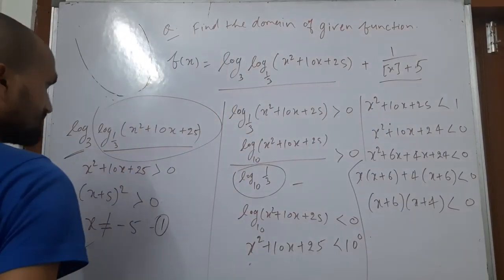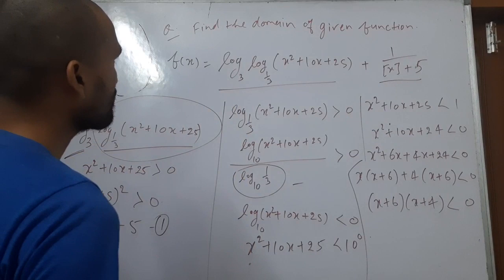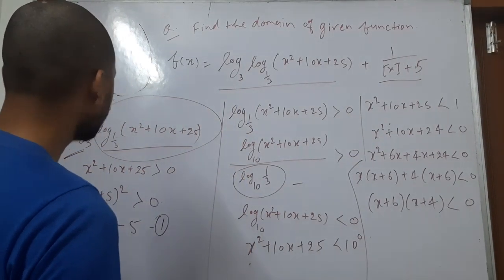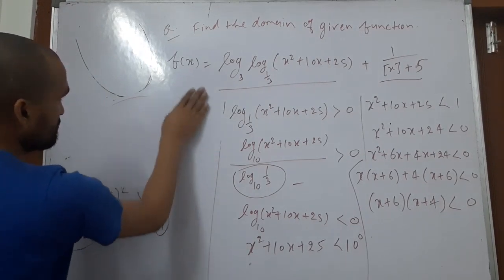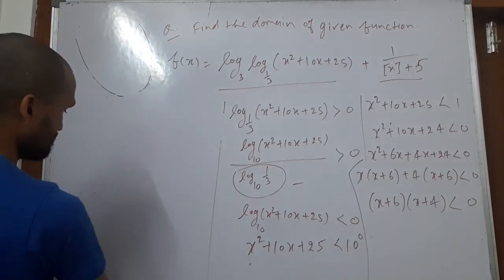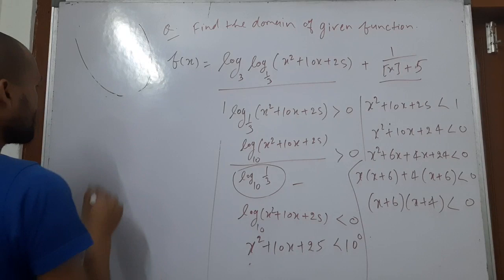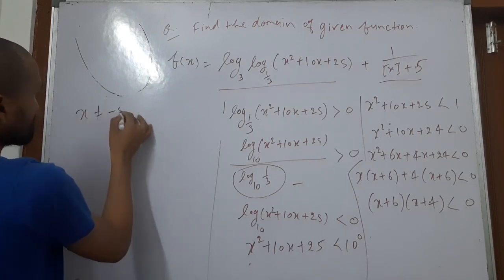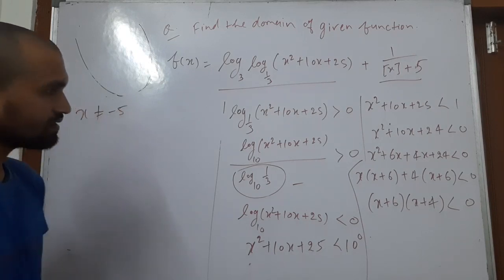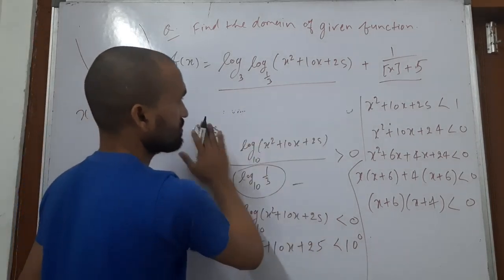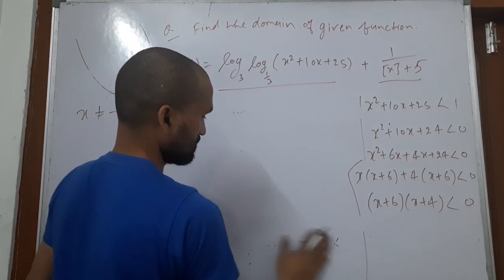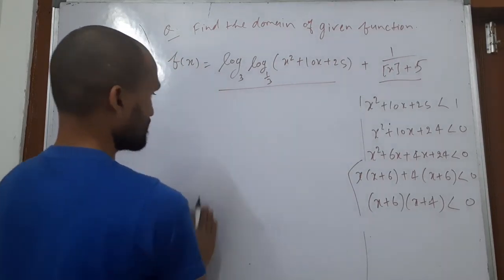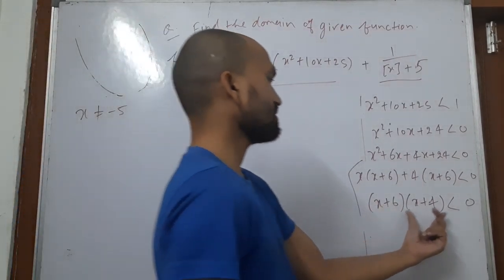Now we should draw this on the number line. Here one relation is x not equal to minus 5, which we have noted here. Now this is less than 0.